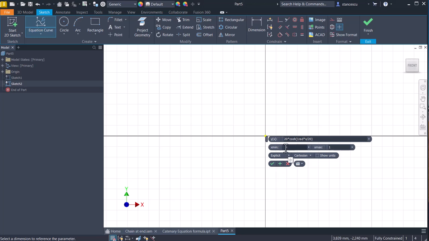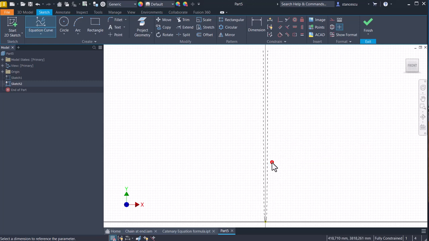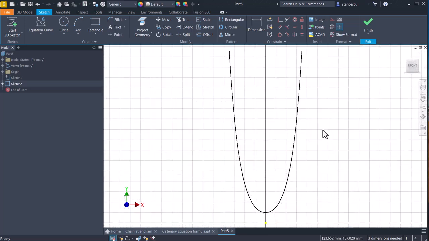We place here 2 values, minimum and maximum, 70 and 70. Here is minus 70. It looks nice, yes, but where is the graphic? I press home and we see the graphic. Okay, this is the catenary curve for that values.